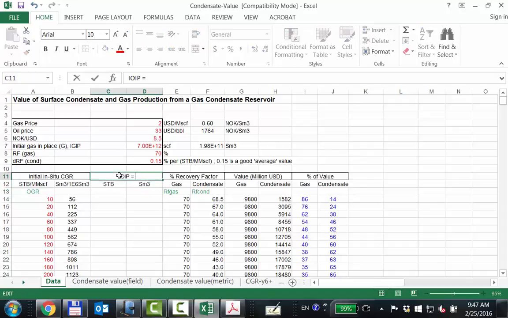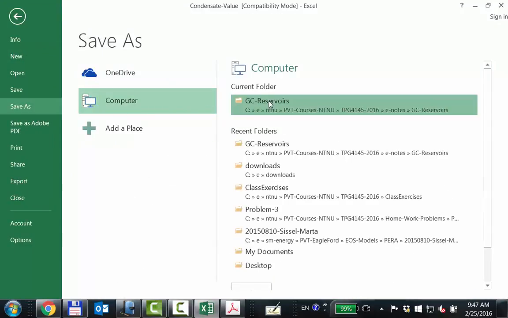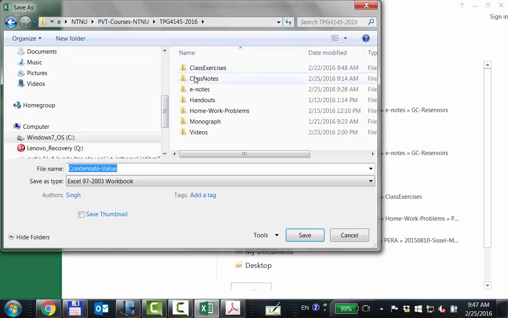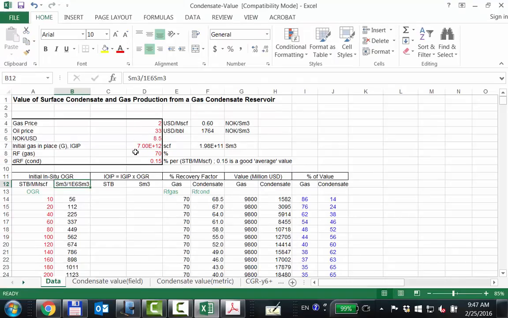And this is just equal to the initial gas in place times the CGR or the OGR initial, or the little r_si. I'm going to save this here to our class exercises. Okay, so now I've got initial oil in place, which is just the initial gas in place times that.